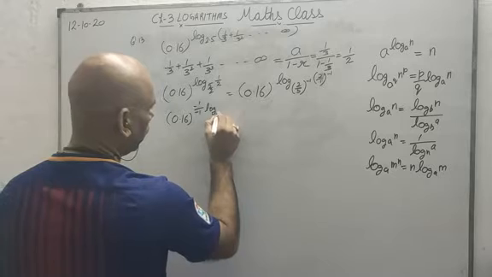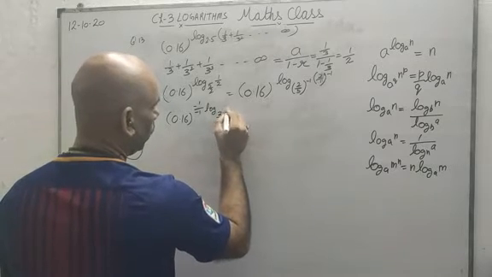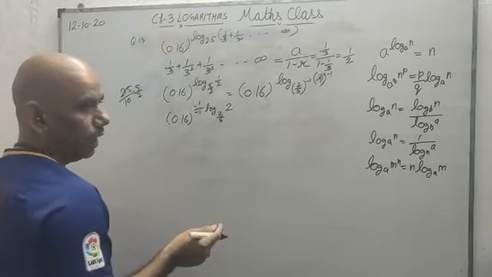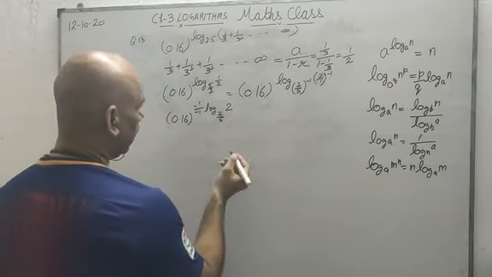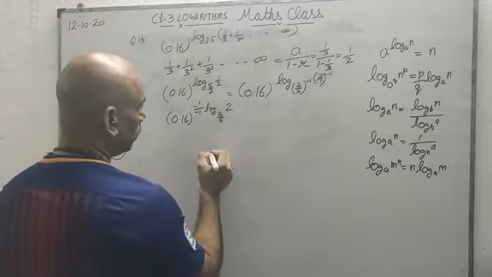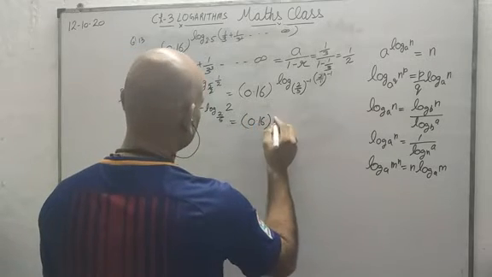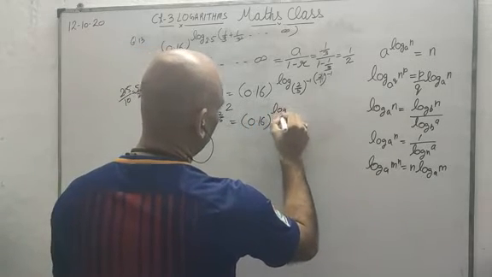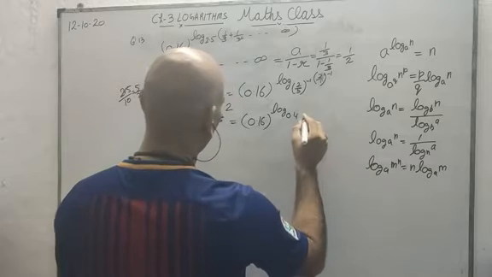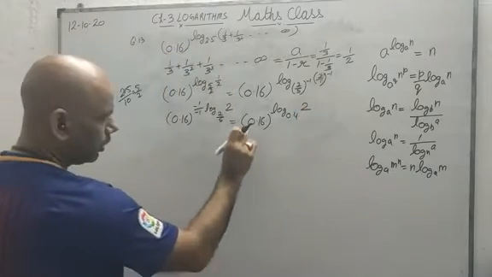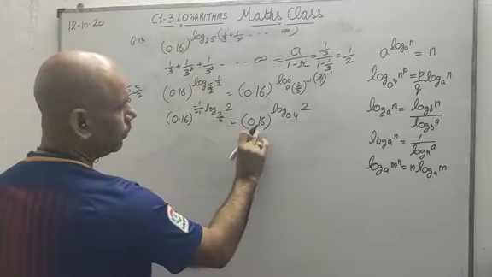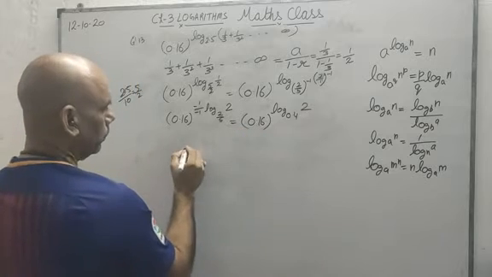So it has become 2 to the power 5, 2. And 2 by 5 can be written as 0.4. So 0.16 to the power log 0.4 base 2. And you can see that 0.16 is also the square of 0.4.